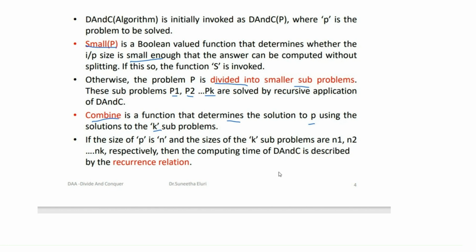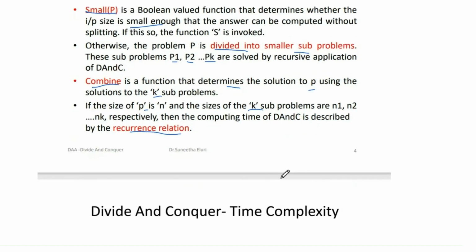If the size of P is n and the sizes of the k subproblems are n1, n2 and so on nk, then the computing time of finding the subproblem solutions is usually mentioned in terms of the recurrence relation.